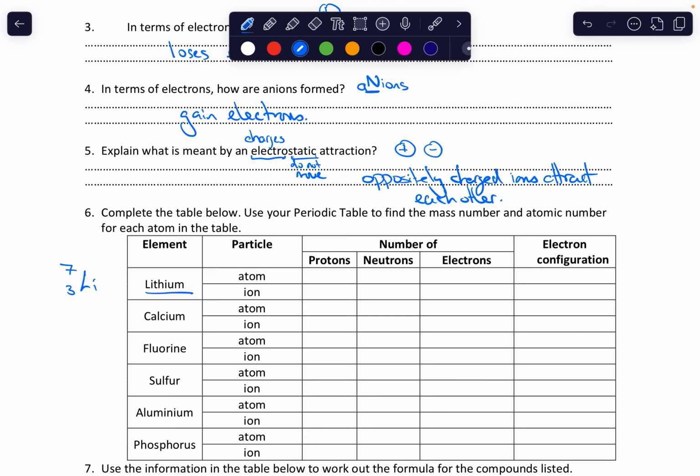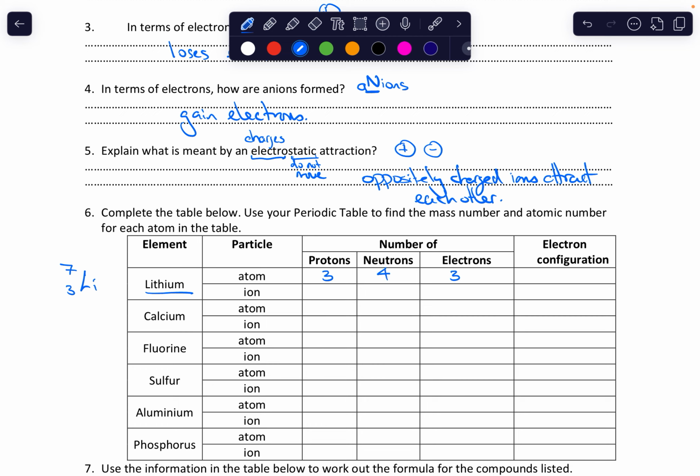So remember, the atomic number is number of protons. So that's going to have 3 protons. Because, as we saw earlier, protons and electrons have to be the same in an atom, it will also have 3 electrons. And to work out the neutrons, you do 7, take away 3. So that's going to give me 4 neutrons.